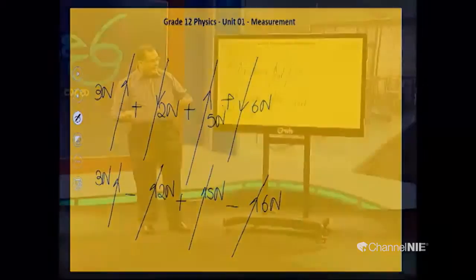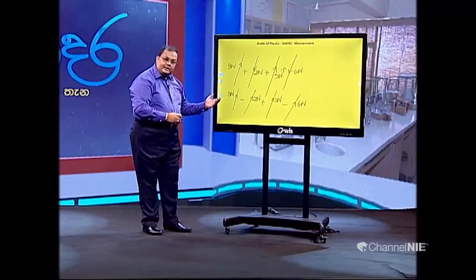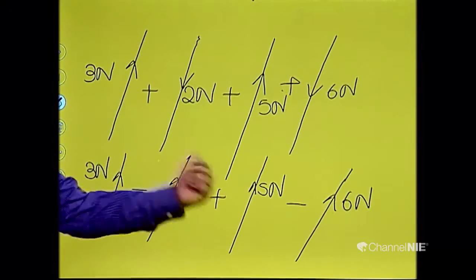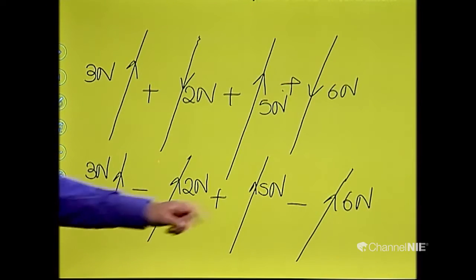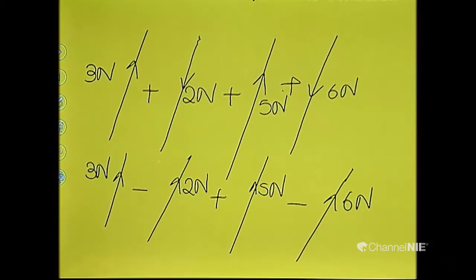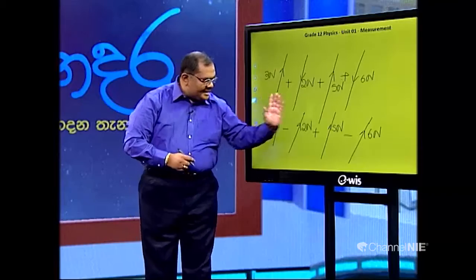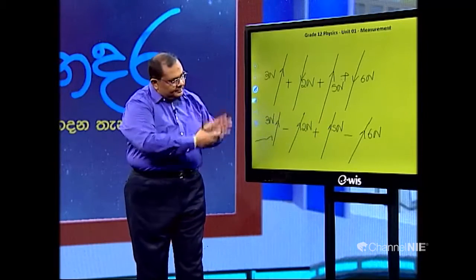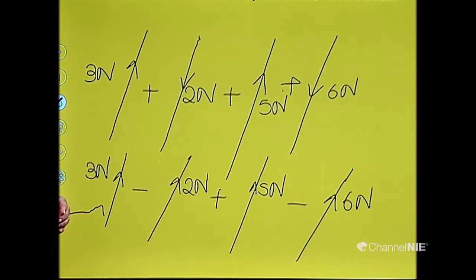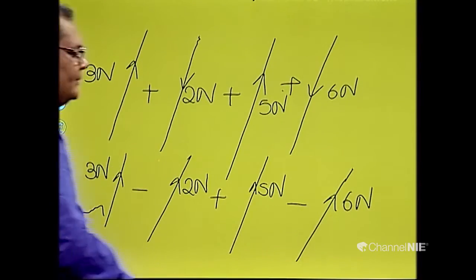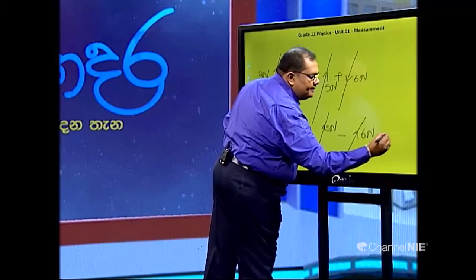Then directly you can add them together. 3 newtons plus 5 newtons, you can see 8 newtons this way, and you can see minus 2, minus 6 here, then you can see the resultant becomes 0. 3 plus 5, 8 upwards, right? Minus 6 and minus 2 opposite, therefore the resultant of them is 0.